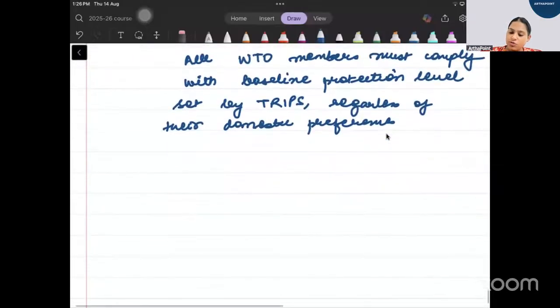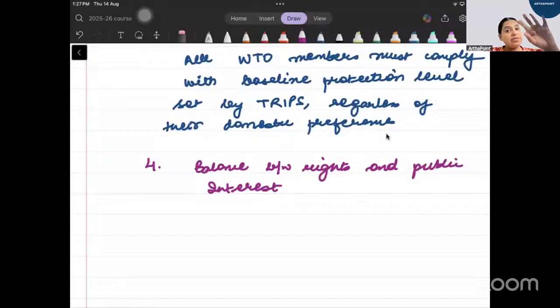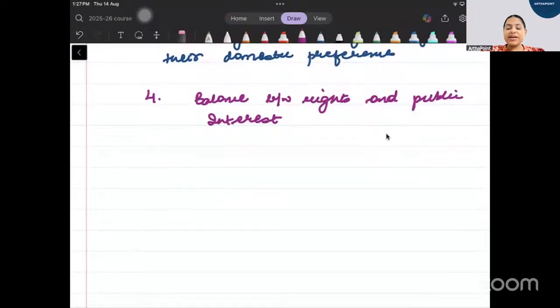Fourth, balance between rights and public interest. What this says is that, as we talked about in the objectives, you have to recognize that IPR protection should contribute to technological innovation, transfer of technology and public welfare.